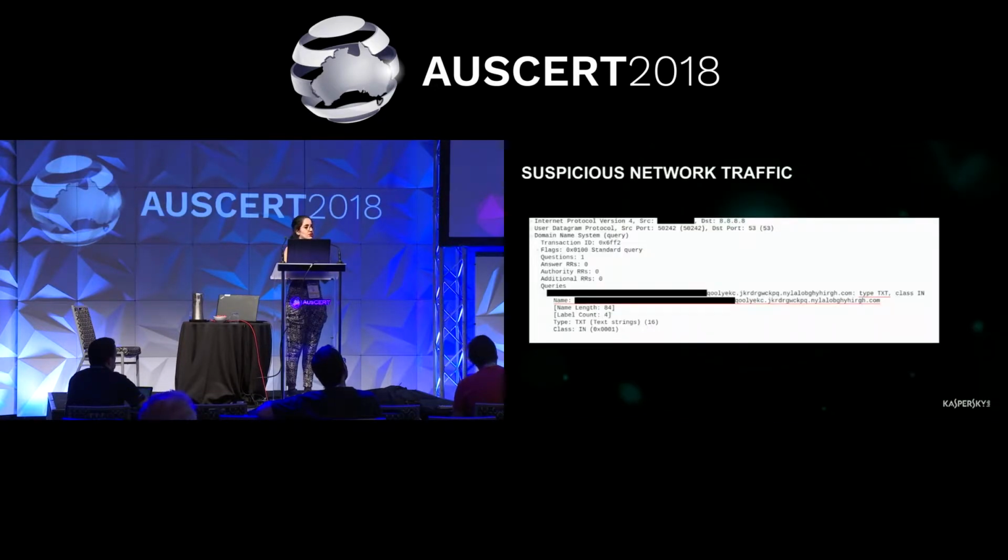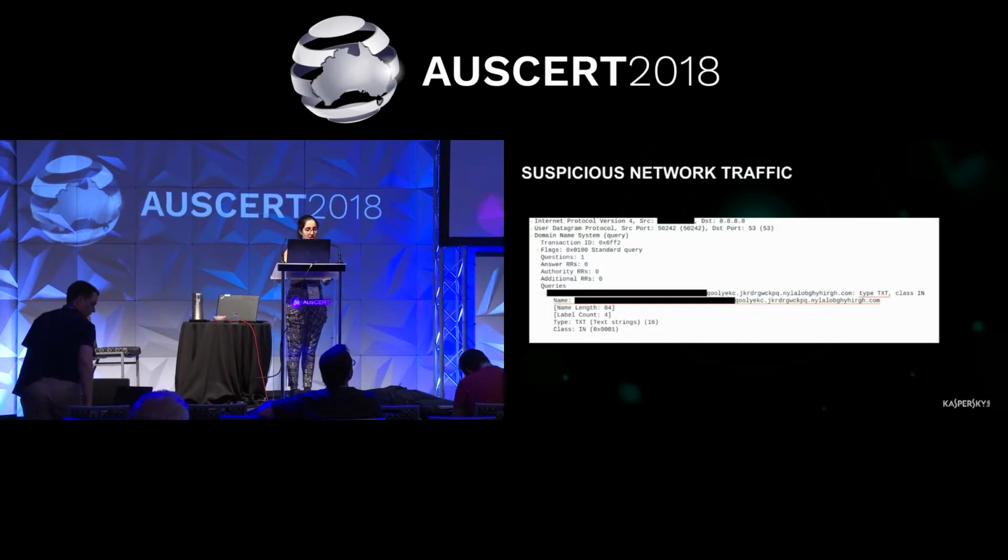So when we started looking at the network traffic, we saw something like this. If you notice, the domain name is very strange. It's long, random characters, and it was happening on the network traffic from the system that I said was responsible for financial transactions.